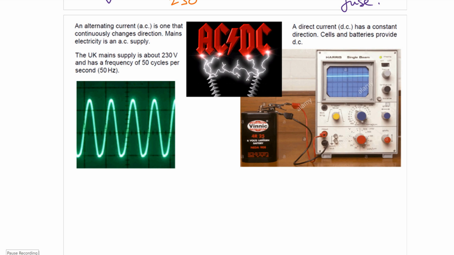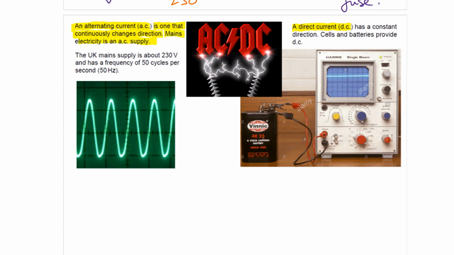Finally, the difference between alternating current, called AC, and direct current, which is called DC. Let's go back to the first one. Alternating current is one that continuously changes direction.